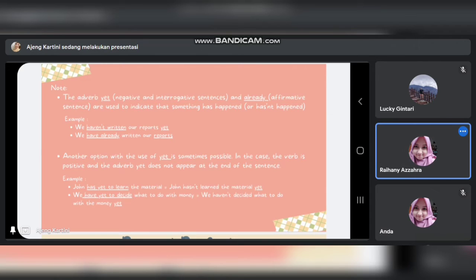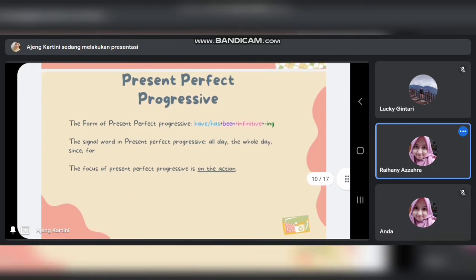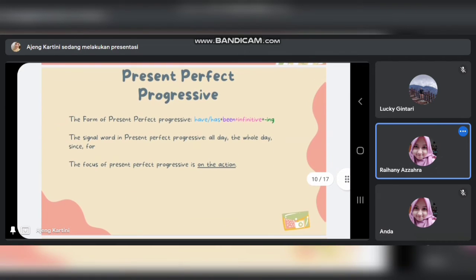Next. Another tense is present perfect progressive. Present perfect progressive is used to express an activity or event which has occurred and is still in progress.